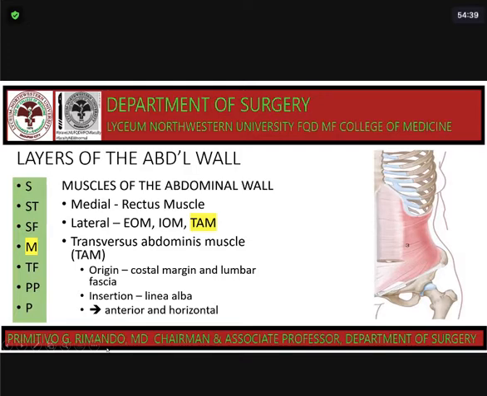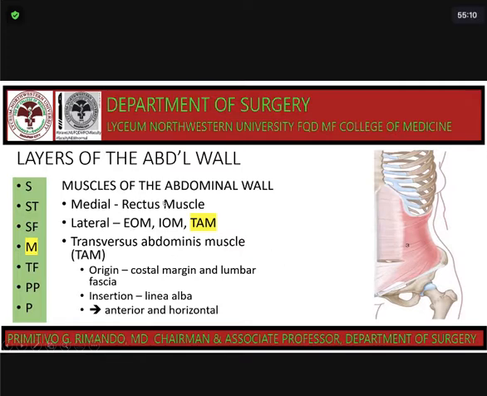Just like your internal oblique, it comes from the back and goes anteriorly, but the direction is horizontal. That's why it's called the transverse muscle, transversus abdominis. So those are your three layers of lateral muscles.